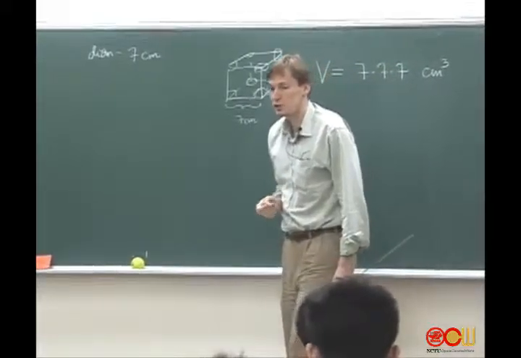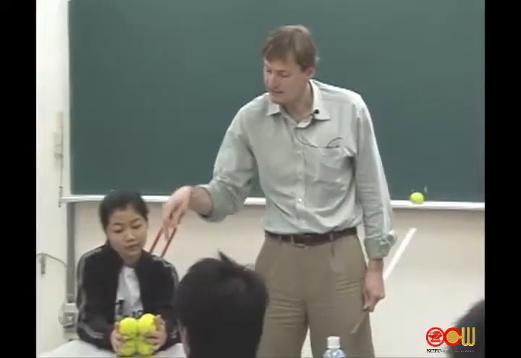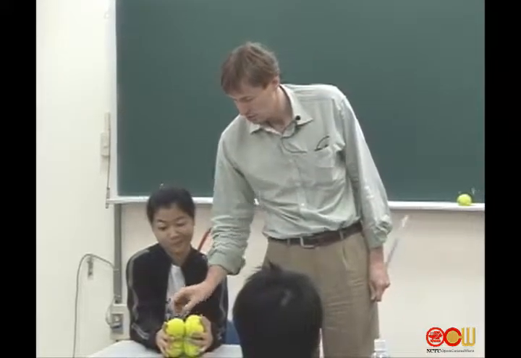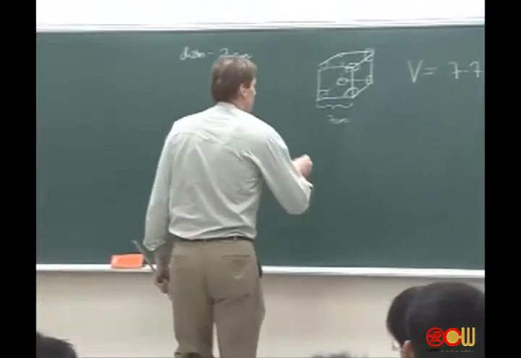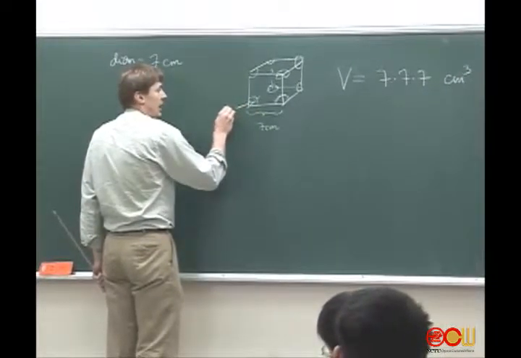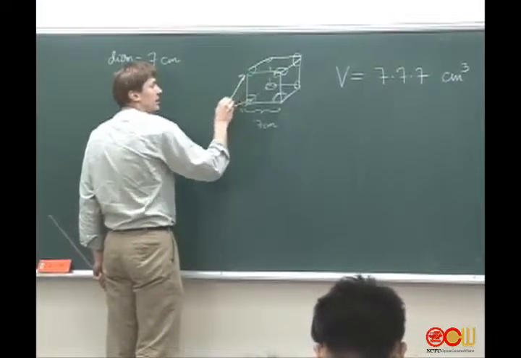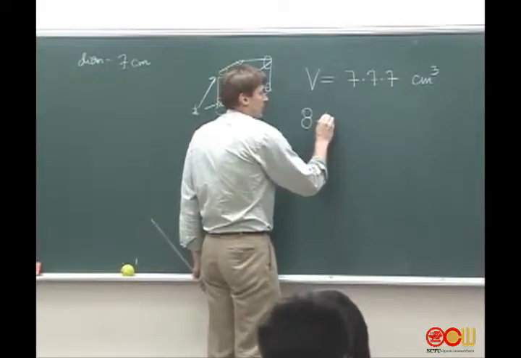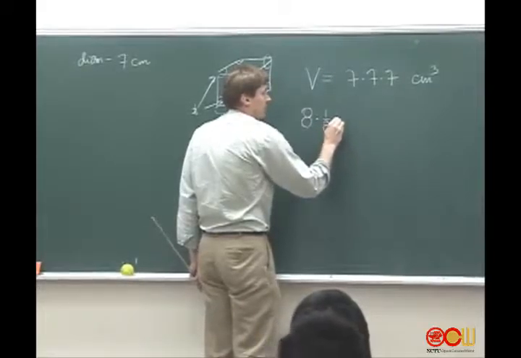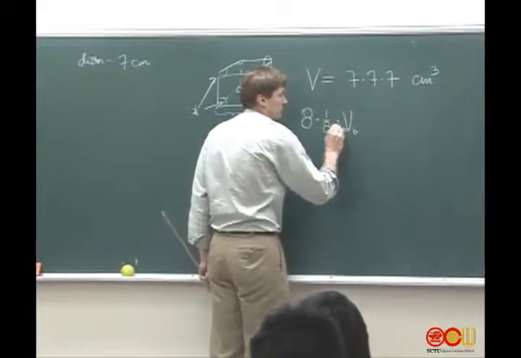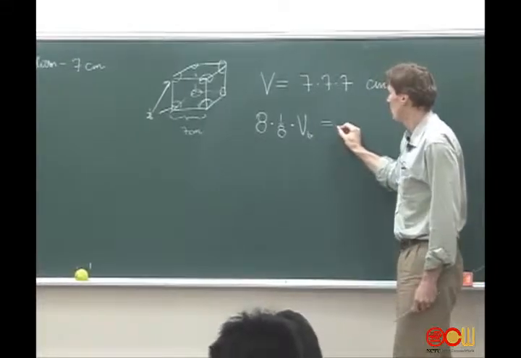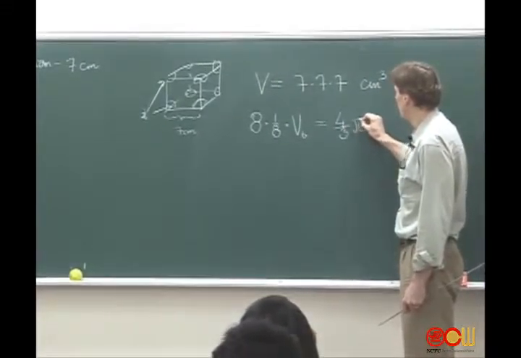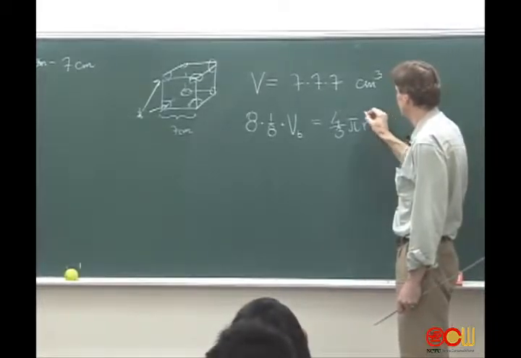Okay, now what is the total volume inside this cell occupied by the balls? Well, you see that you have 1/8, another 1/8, another 1/8. So totally you have 8 times 1/8 times the volume of the ball, which is equal to 4/3 pi r cubed.